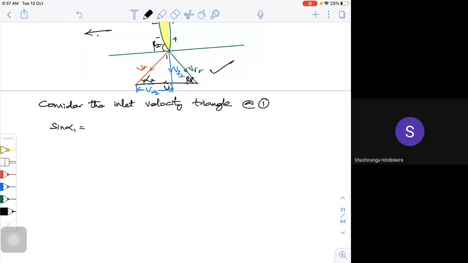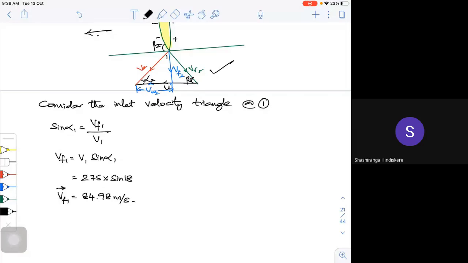Sine alpha 1 is equal to Vf1 divided by V1, or Vf1 is equal to V1 sine alpha 1. What is my V1? It is 275. They are given 275 into sine 18. If I put it into my calculator, I am getting 84.98 meters per second. This is my flow velocity at the inlet.